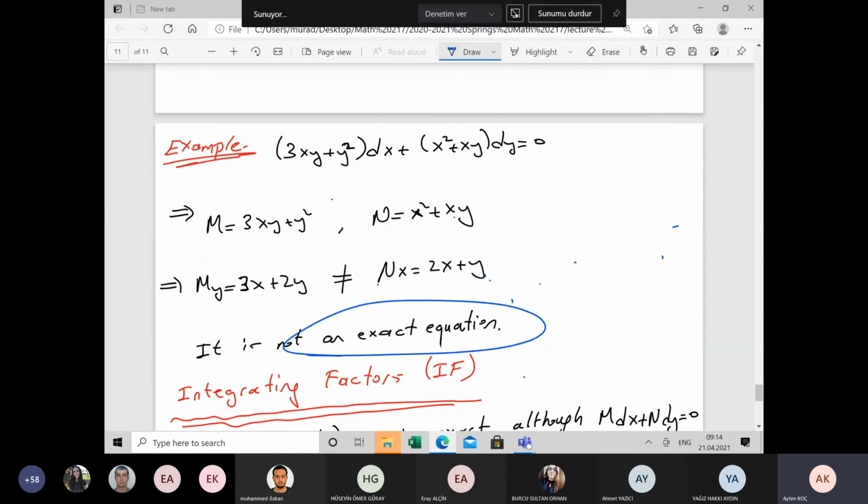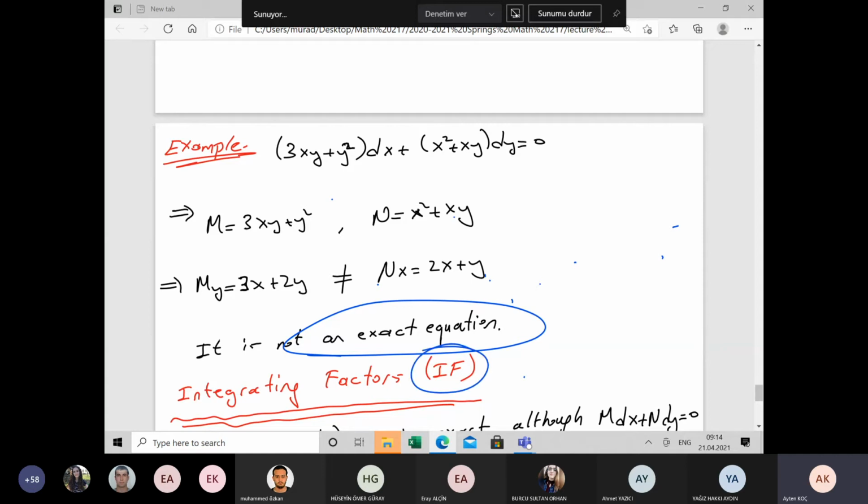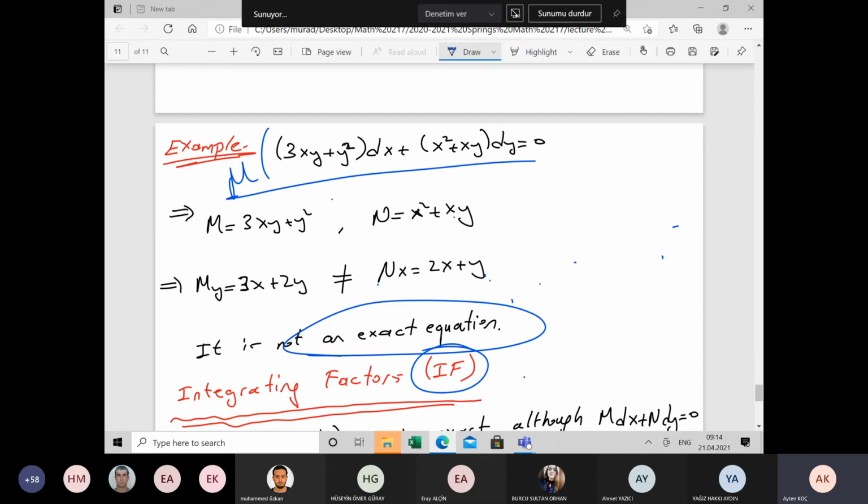So our aim, if it is possible, is to get and check that mu, such mu, integrating factors, is denoted by IF. If we get the IF and multiply by mu, then we obtain an exact equation and solve this exact equation. So let's take this example.